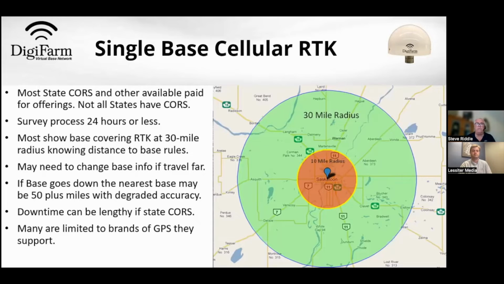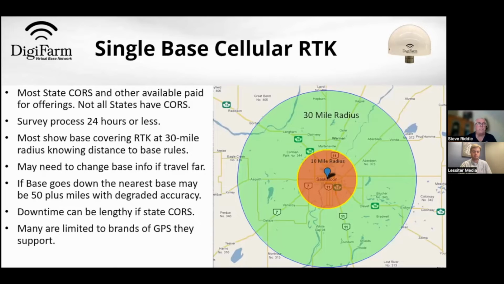The state-owned ones are primarily there to facilitate the state entities of highway, road people, and government agencies that need that correction service. And some states, for no charge, you have to inquire with them, or for a minimal fee, will let you access their network and their signals.